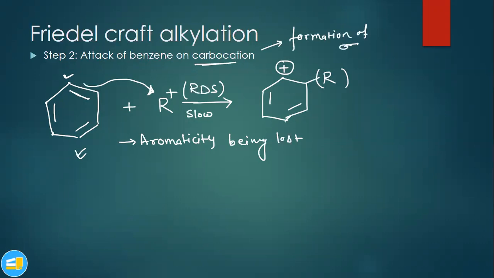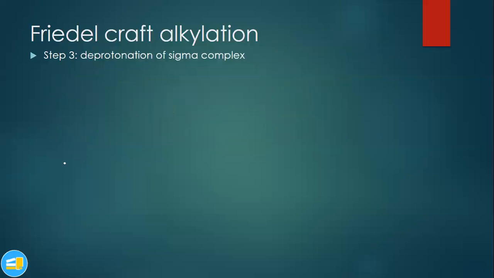What is this sigma complex? We have discussed that in the previous video, where we discussed the general mechanism of electrophilic aromatic substitution reaction. Now the next step is deprotonation of the sigma complex, because this is an intermediate.